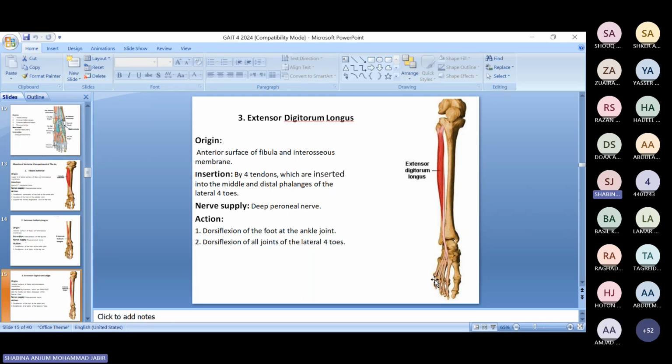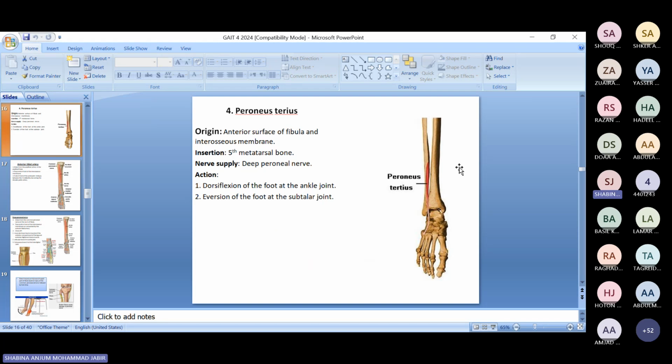If you remember, in the upper limb there were two muscles, one superficial and one profundus, but here, only one extensor digitorum, which is coming from above. It will be inserted over both the middle and distal phalanx. In the same way it will do dorsiflexion at the ankle, as well as dorsiflexion of all four joints of the lateral four toes.